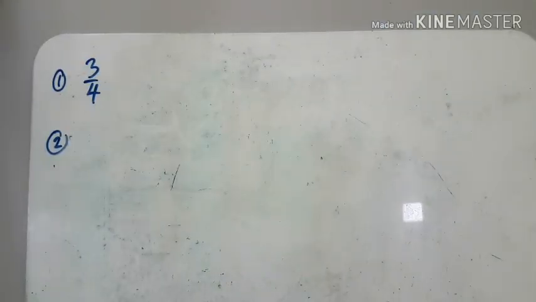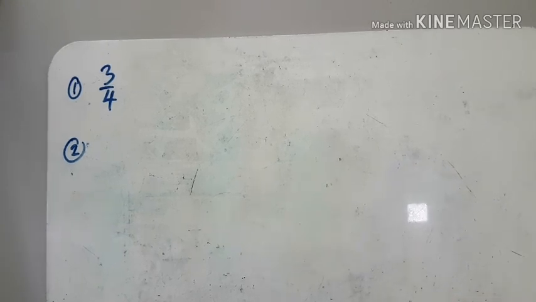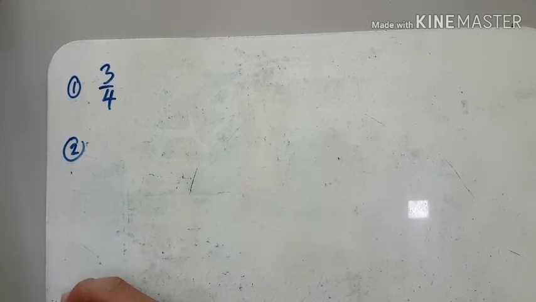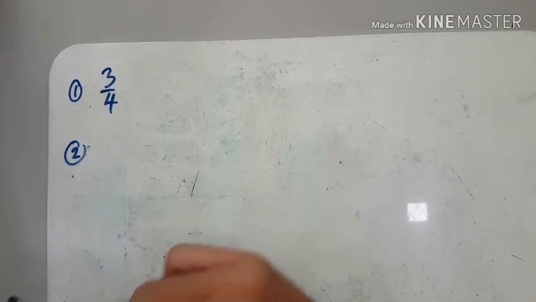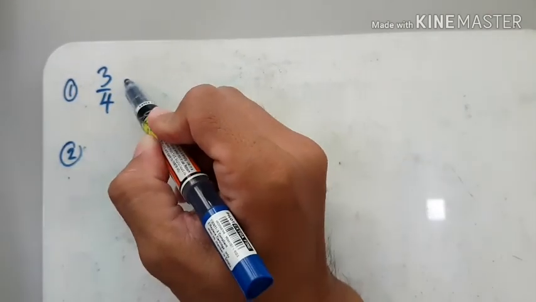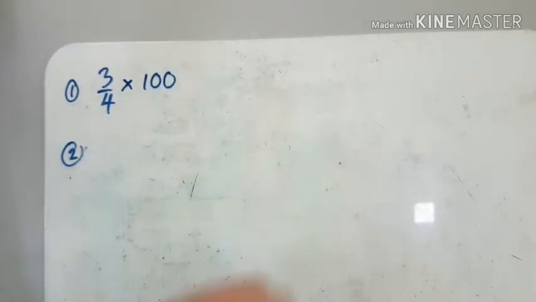So let's say I'm using the same example just now. The first one, 3/4 or 3 on 4. How do you convert them into percentage? By the second method, we say that we multiply them straight away by 100, isn't it?